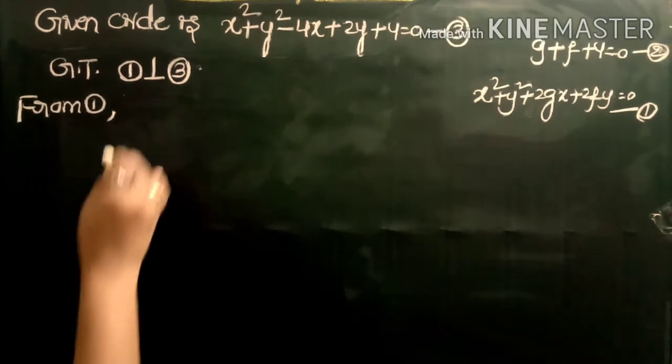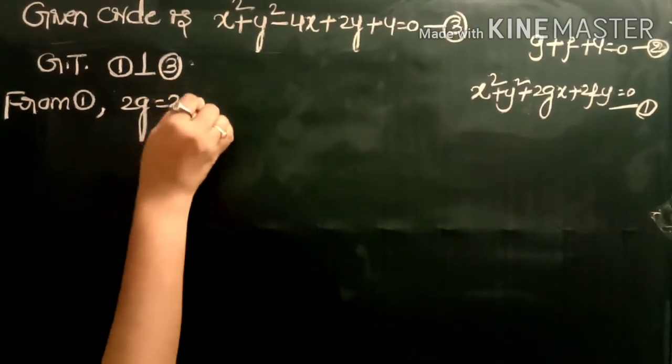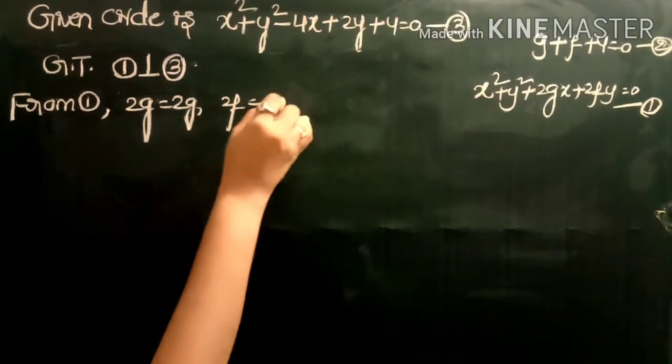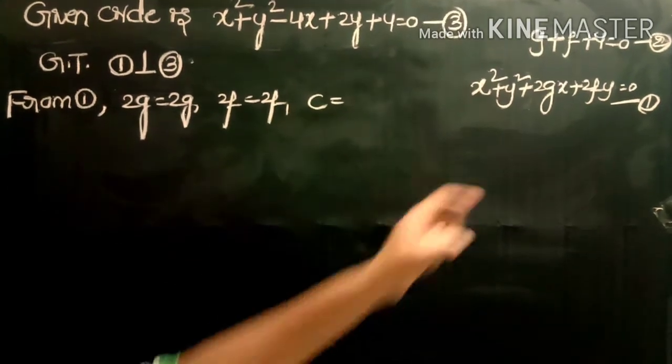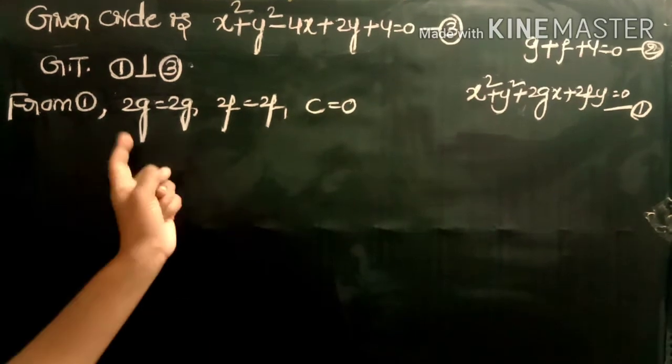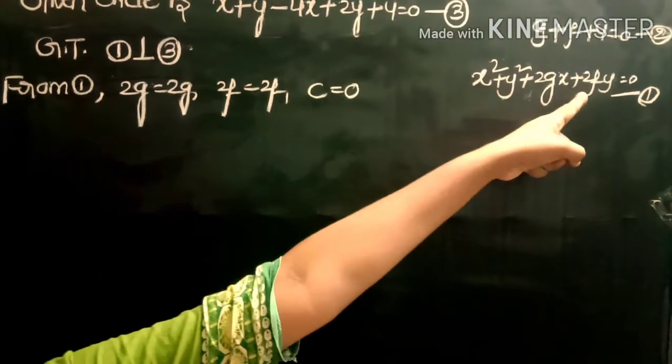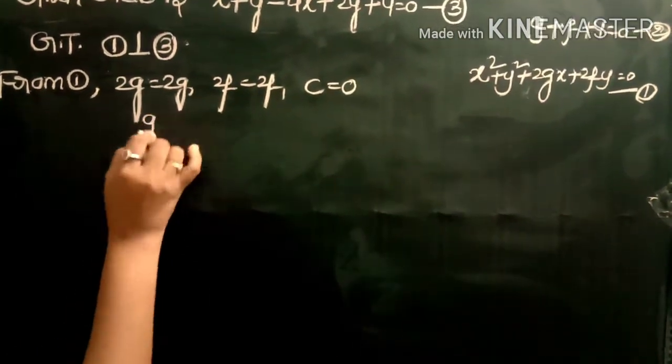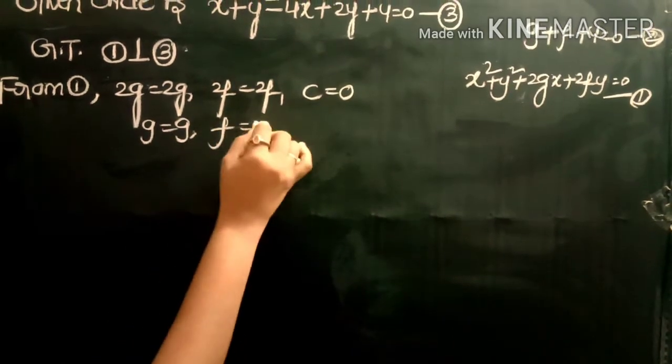So from the first equation we have 2g is equals to 2g and 2f is equals to 2f and c is equals to, there is no constant in the equation, so we are taking c is equal to 0. 2g is equal to 2g, 2f is equal to 2f, both are same, which implies here g is equals to g and f is equals to f.